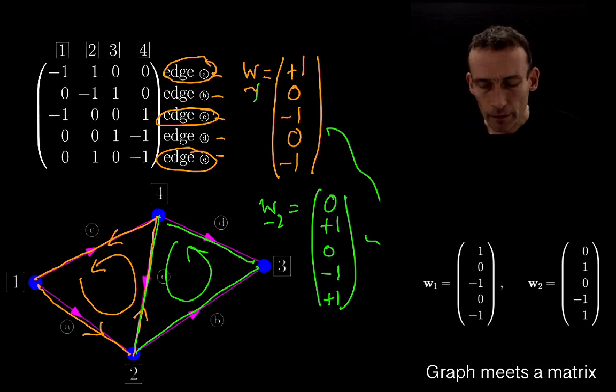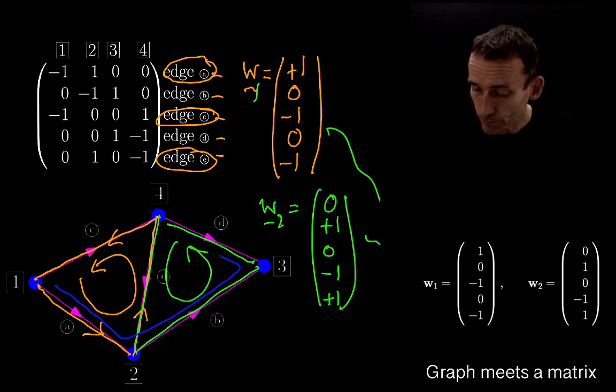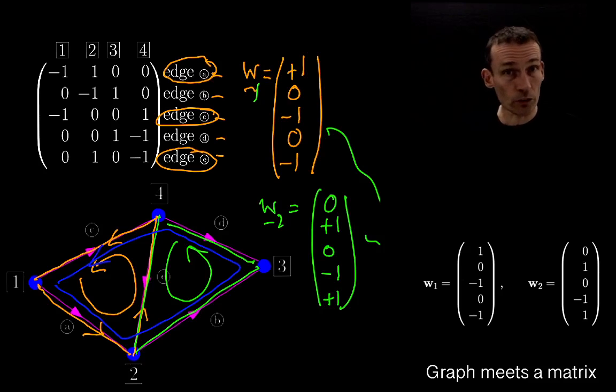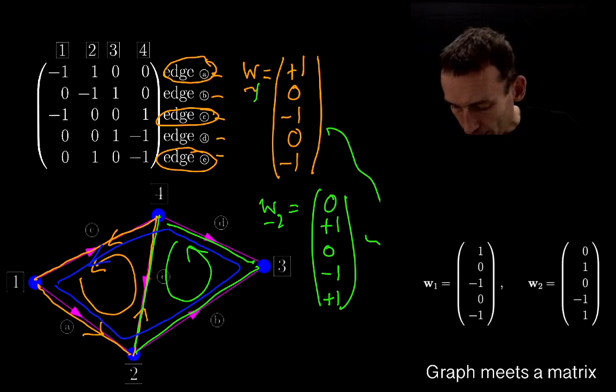You remember I constructed a W3 as well. And actually I can see another loop in this graph. Perhaps it's not so easy to see, but look, why don't I just do this? There's another loop. I just don't go down E. That's another loop.